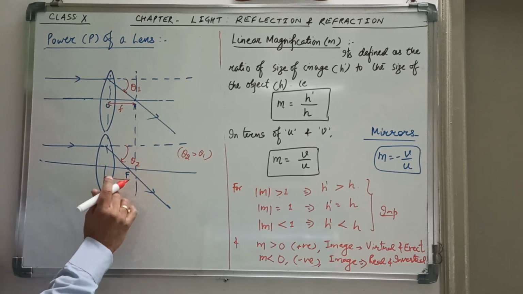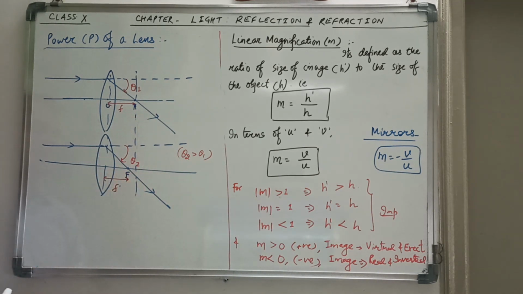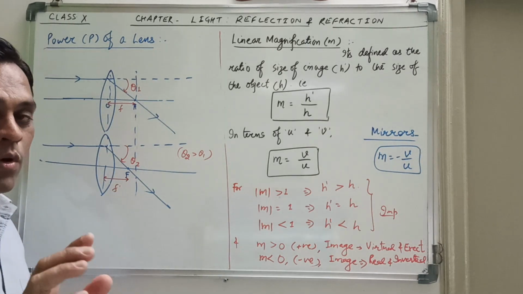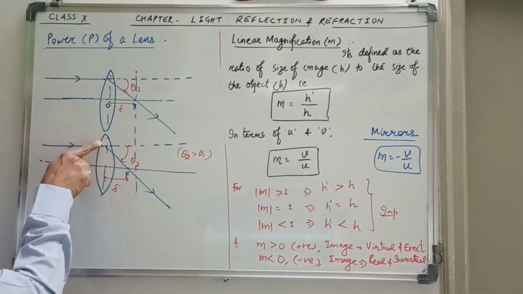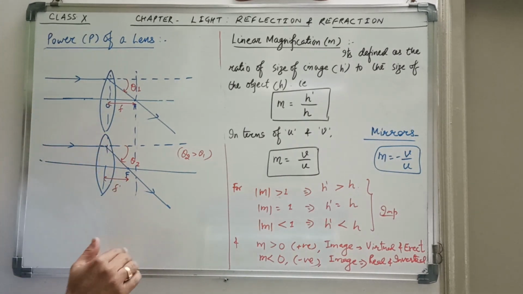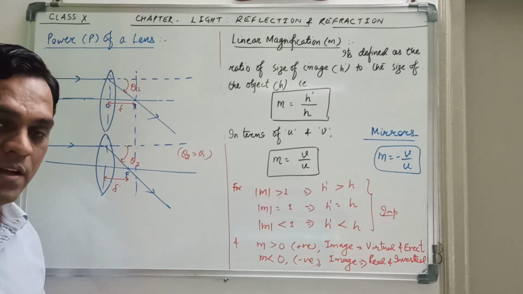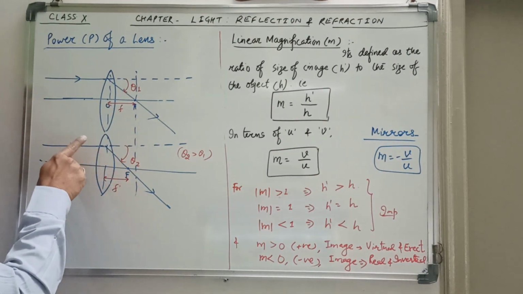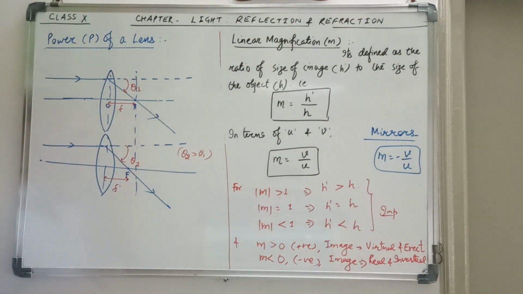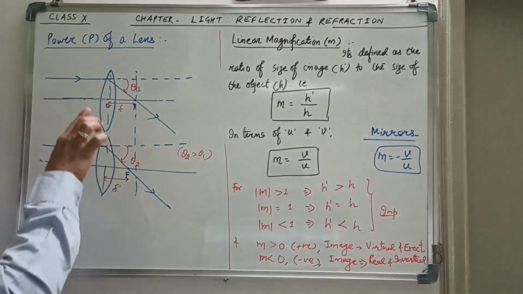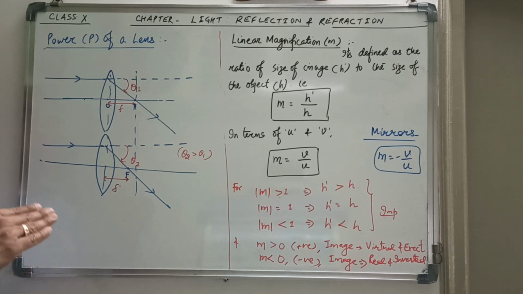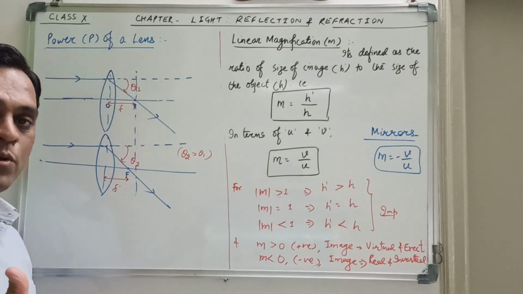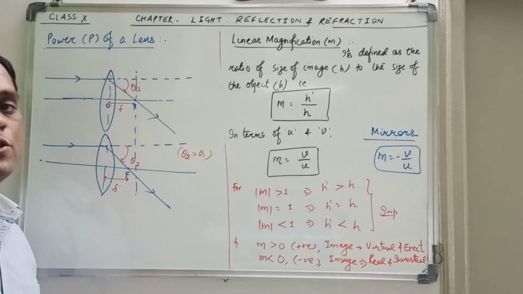So this is the focal length of this lens and this is the focal length of this lens only. So sorry, this is not one. This one is the focal length of this lens. Then what we conclude is, the smaller the focal length of a lens, the more convergence it will create in the light ray, it will deviate the light ray by a larger angle. Okay, so let me put this. Smaller the focal length of a lens, more will be the convergence or divergence produced in the light ray by the lens only, correct?